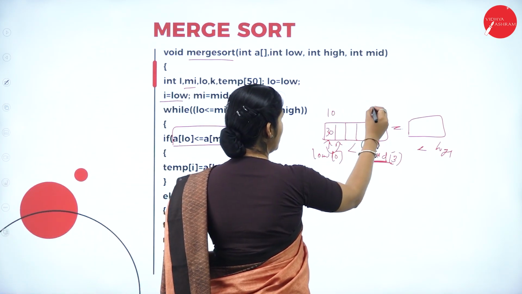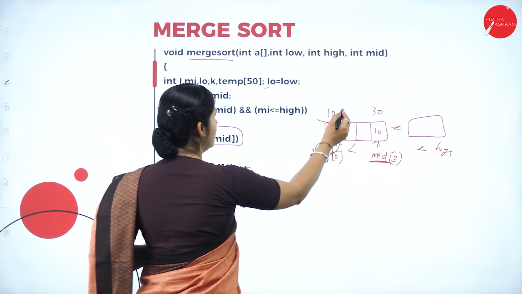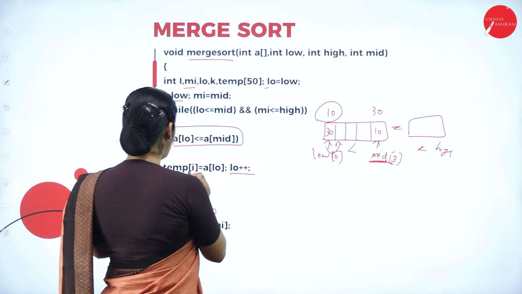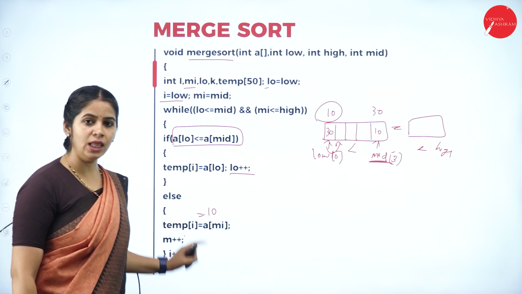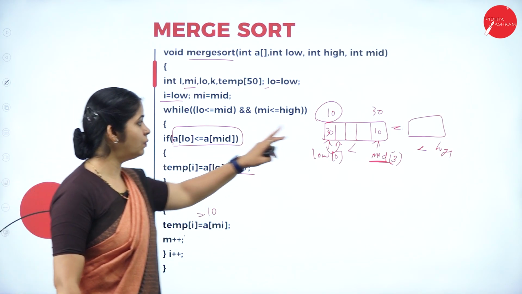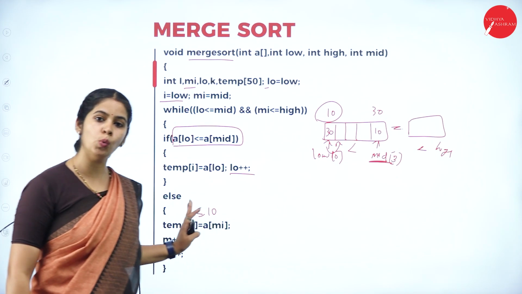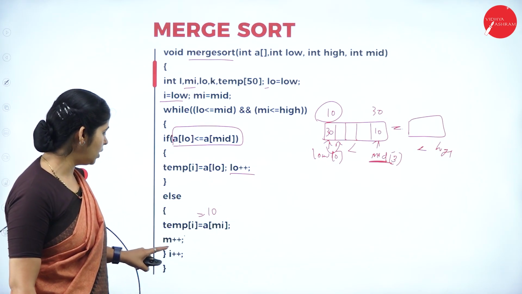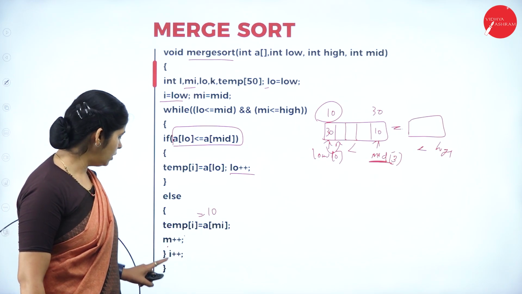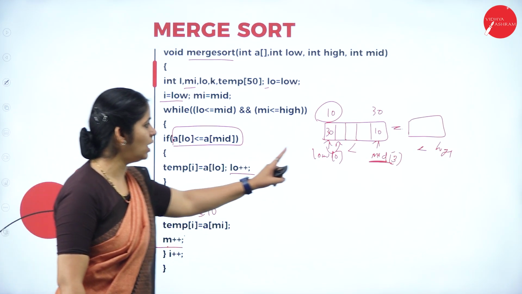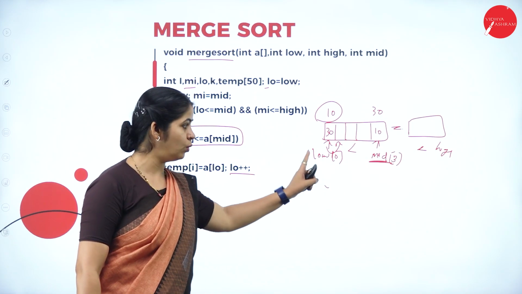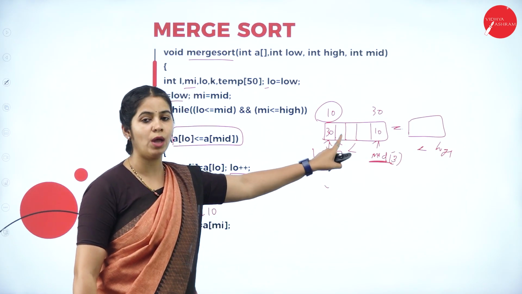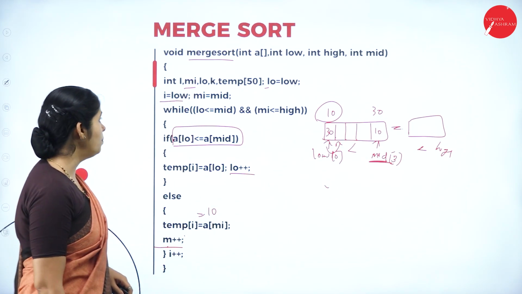In either case, we are transferring the lowest element into a temporary variable. Next we increment the mid value. Then after the else part, we increment the i value, that is the index value, because we need to compare with the next element of the array.